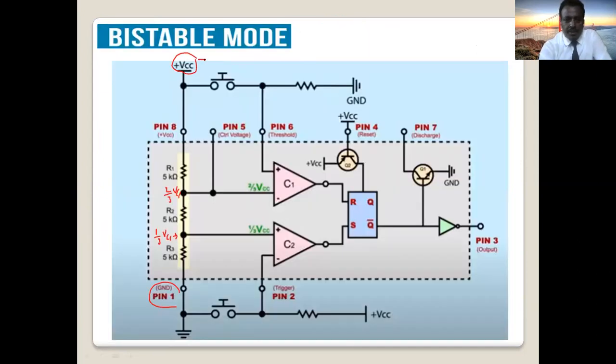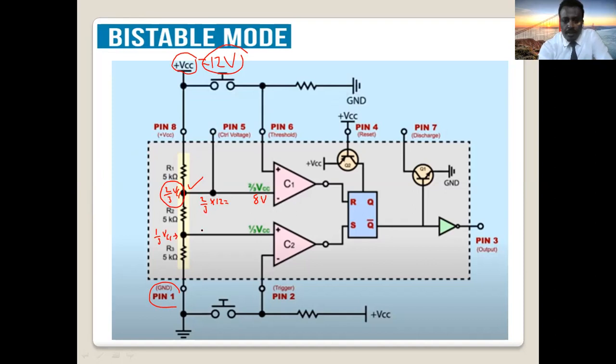So VCC is a 12 volt battery, divided by these internal 5 kilo ohm resistors in series. At this point it is always 2/3 of VCC. 2 divided by 3 times 12 is 8 volts.